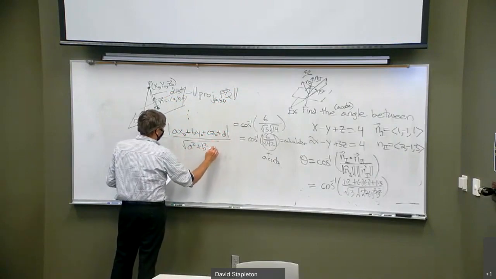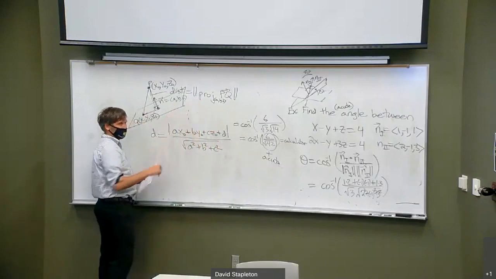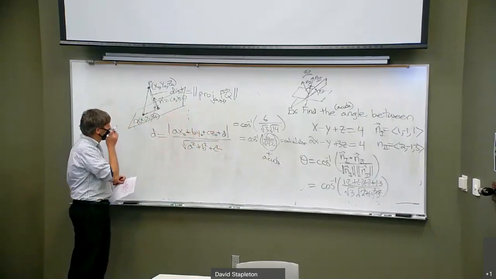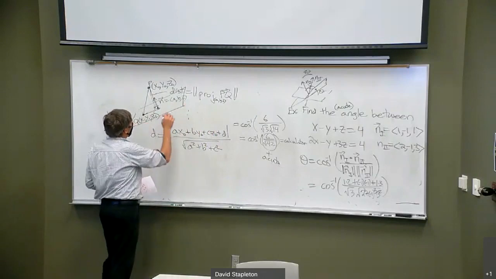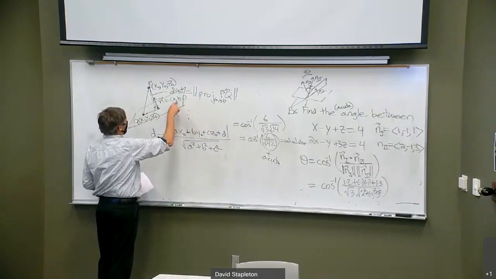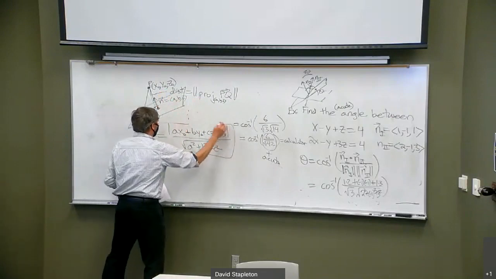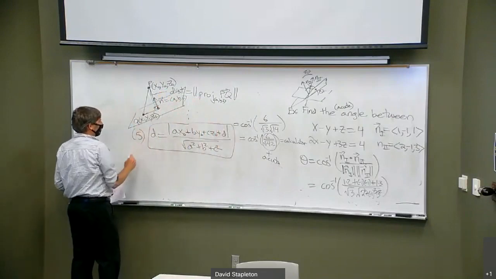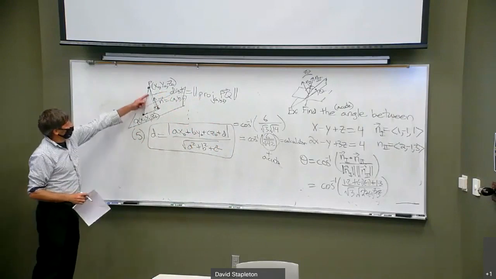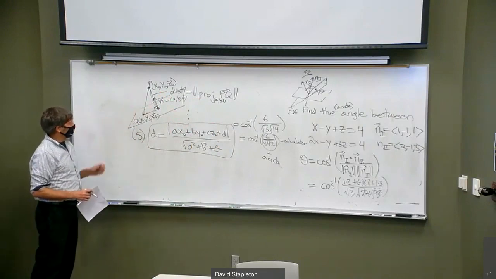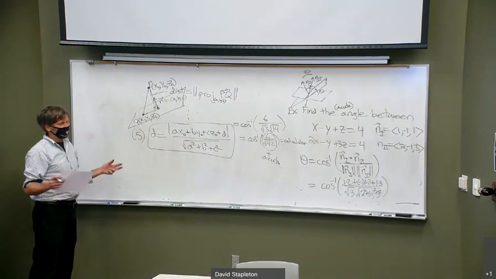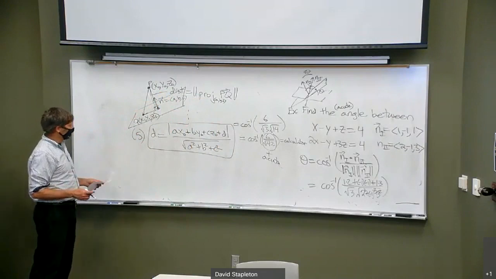I'll say on the test, actually, you can figure it just by doing this. It's not very hard. I'm out of time here. But if you check what this formula does for general A, B, C, and x0, y0, z0, it reduces by algebra to this formula. It gives a nice formula for the distance from a point to a plane, a famous kind of problem you need to do.